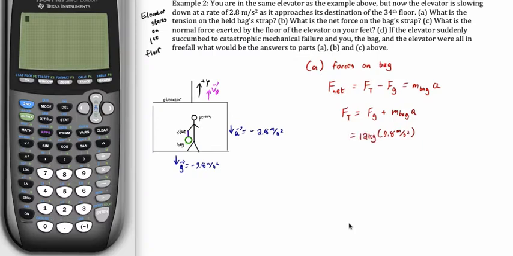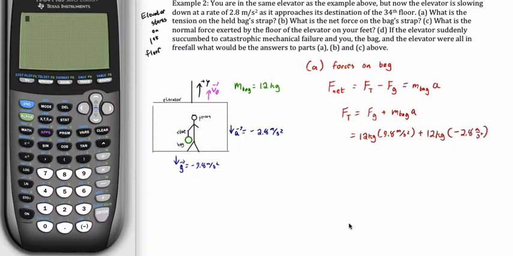That is known information, so I'll put that over here. I've already taken into account the negative on acceleration because I had the vector pointing down. However, I just naively plugged in the acceleration as a scalar, so we want to take into account that it's negative. So we'll put that here parenthetically: negative 2.8 meters per second squared.